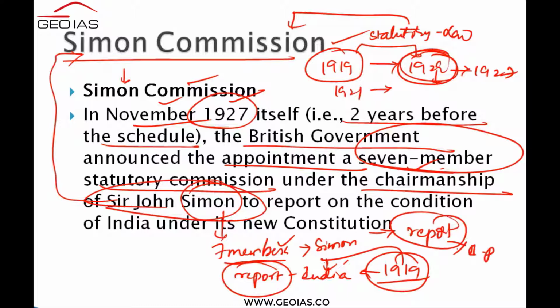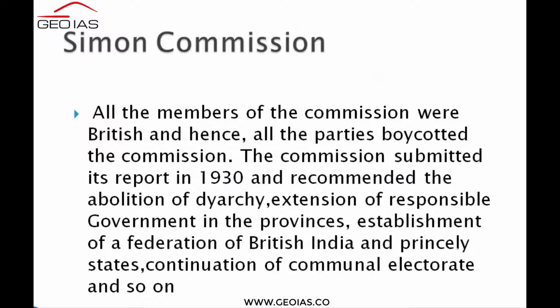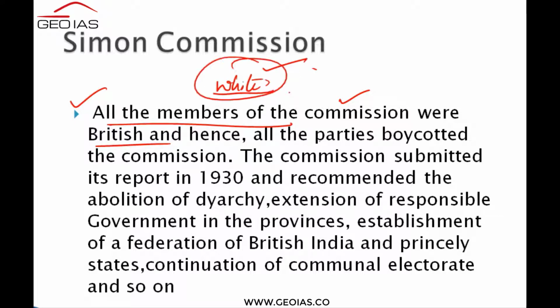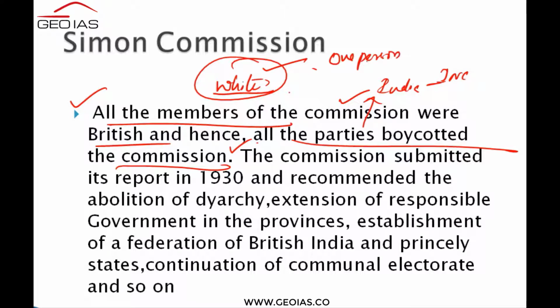So what is wrong with this commission? All the members of this commission were Britishers. So it was a white commission. All the people were Britishers, whites. And all the parties boycotted this commission. All the parties in India, the Indian National Congress, Muslim League and all the others, boycotted this commission, saying that not even one Indian was included in this commission to know about India.